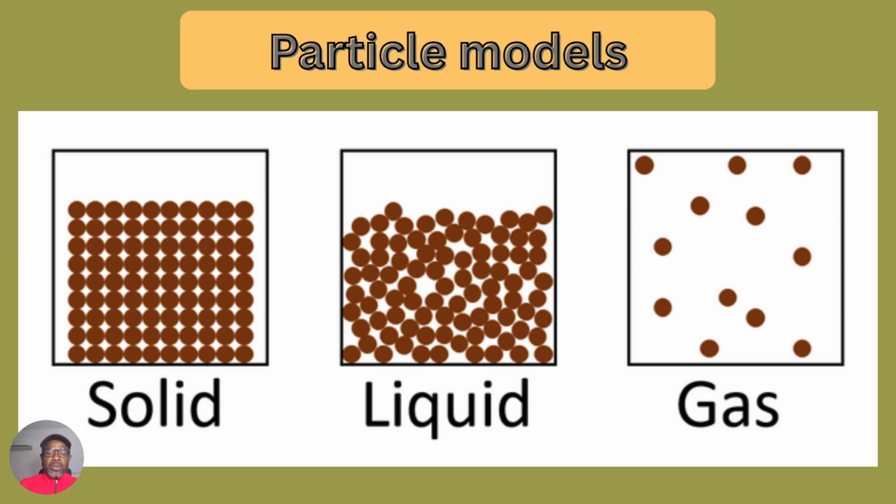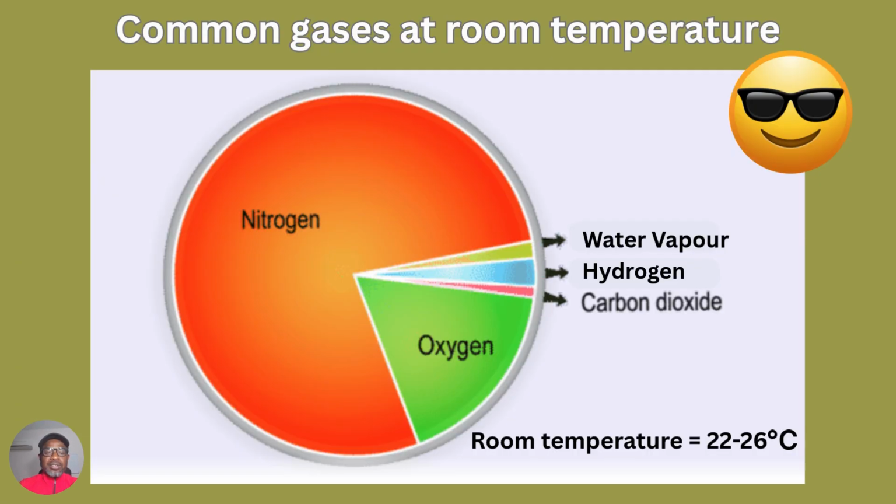Okay. Next, we'll look at common gases at room temperature. What are the common gases at room temperature? We have nitrogen, oxygen, carbon dioxide, hydrogen, and water vapor. The air around us has these gases.